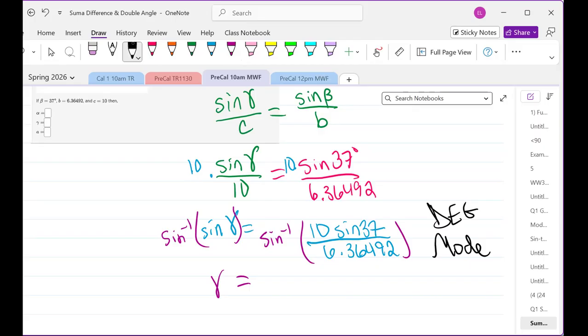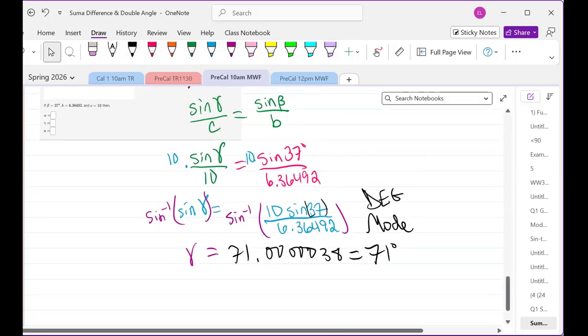Inverse sine, 10, regular sine 37, close the little parenthesis, divided by 6.36492. And I get 71.000038. So we are going to call that 71 degrees. Now that I have that, I can go back and solve for alpha.